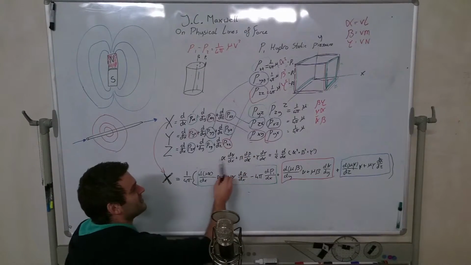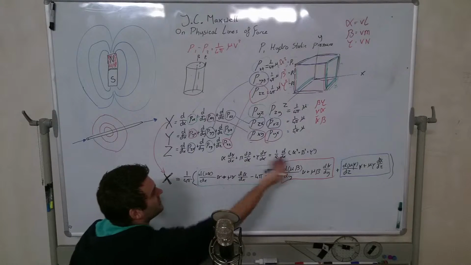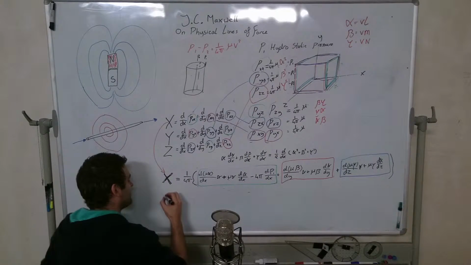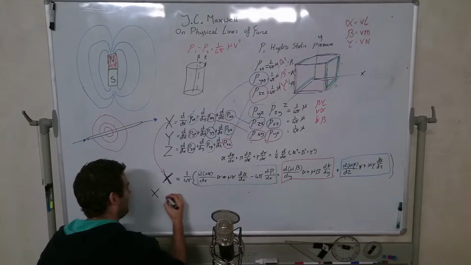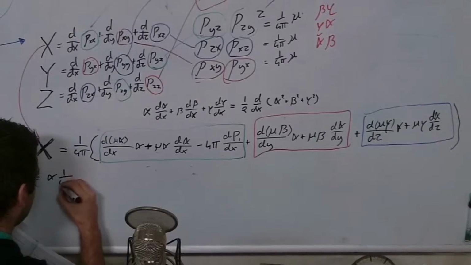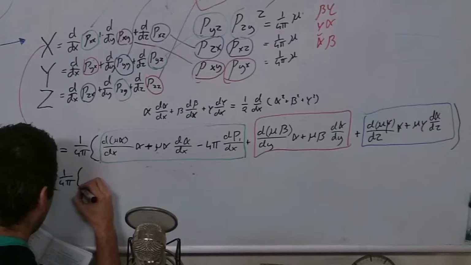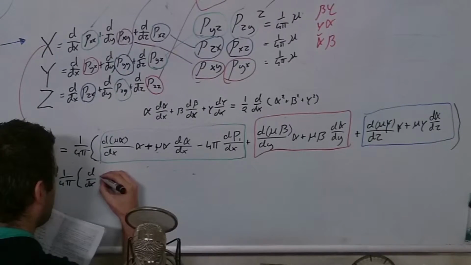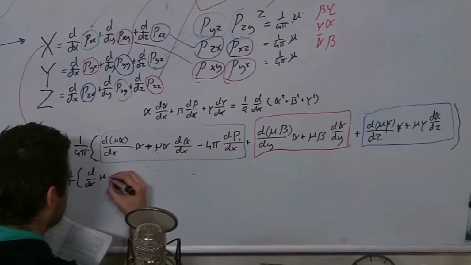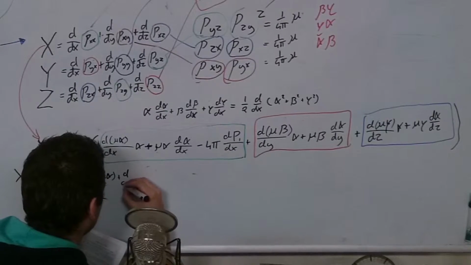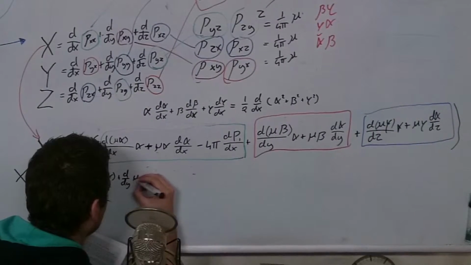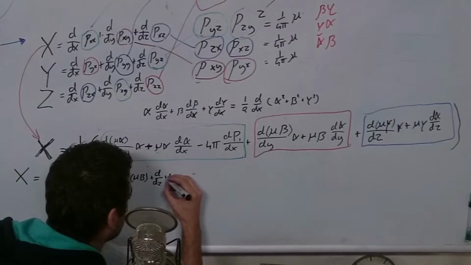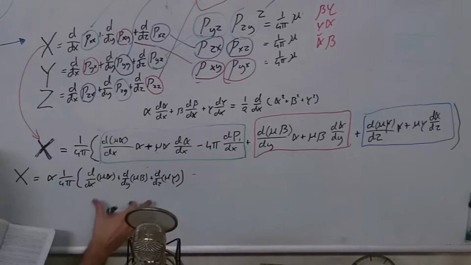If we put the laws of this equation in this equation, we get a more convenient equation that looks like this: alpha, 1 over 4 pi. Again, we open it and say d dx of mu alpha plus d dy of mu beta plus d dz of mu gamma, 1 part.